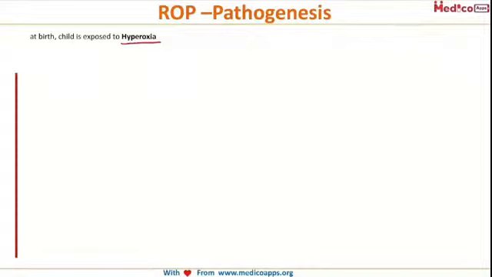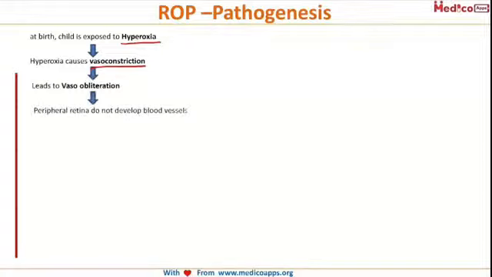Now please remember that hyperoxia always causes an amount of vasoconstriction. So hyperoxia always results in a certain amount of vasoconstriction. This in turn leads to vaso-obliteration, and because of this vaso-obliteration, the peripheral retina does not develop blood vessels.